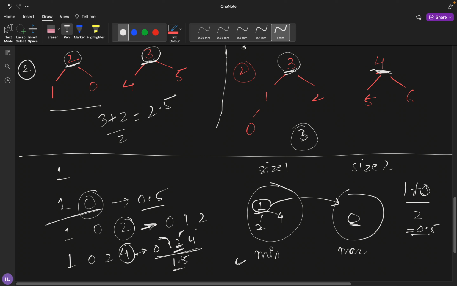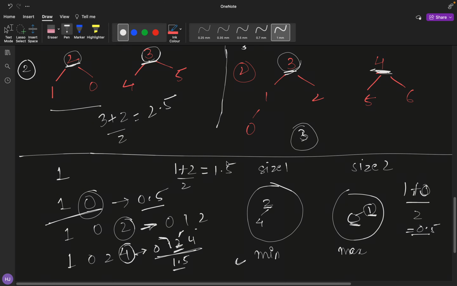So I will simply remove this 1 from my min heap and insert it in the max heap, right? Now the state of the heaps has changed: 2 and 4. So what are the top elements at this point? 1 and 2. So 1 plus 2 divided by 2 turns out to be 1.5.